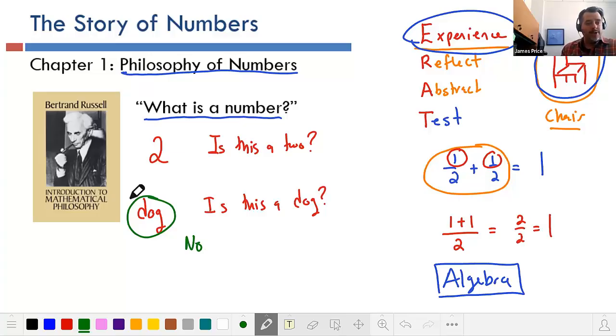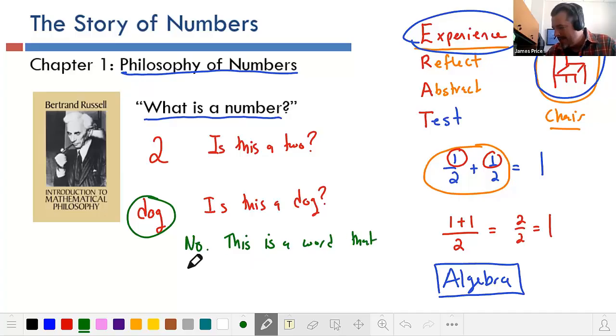This is a word that represents a dog, which is very obvious to all of us, right? For the same reason, this is not a 2. So the answer to this question is actually no.